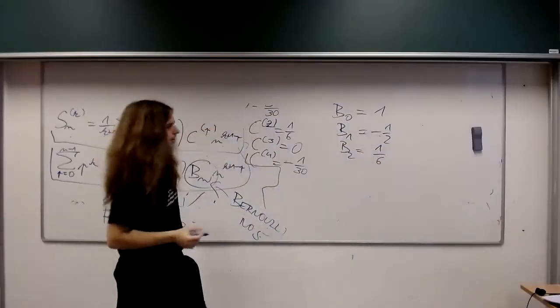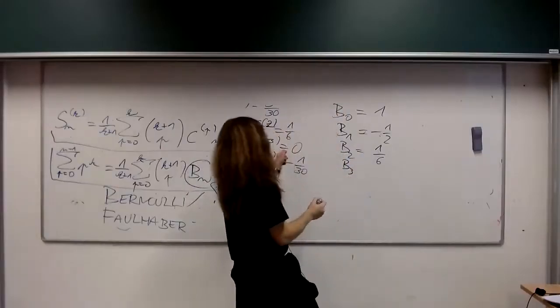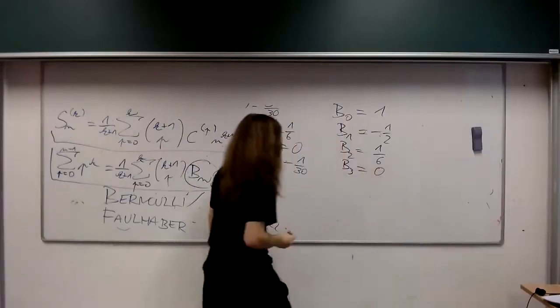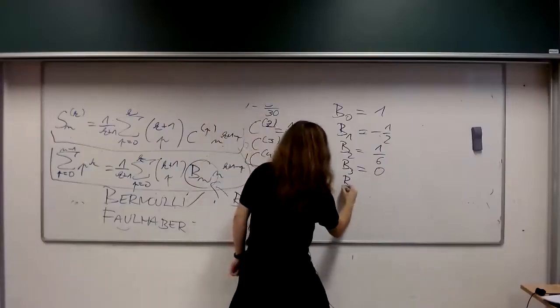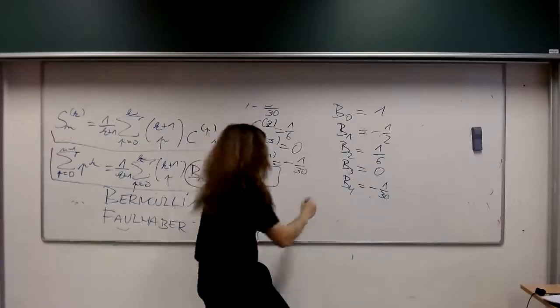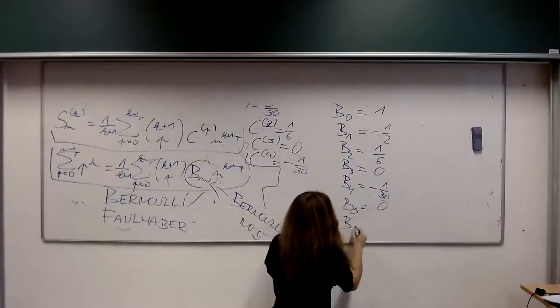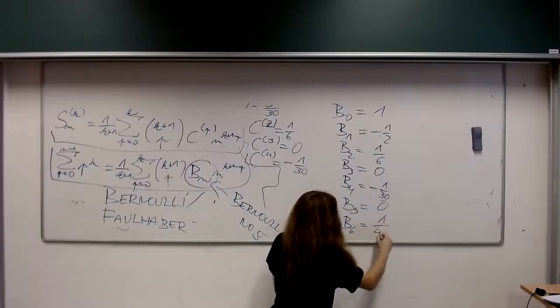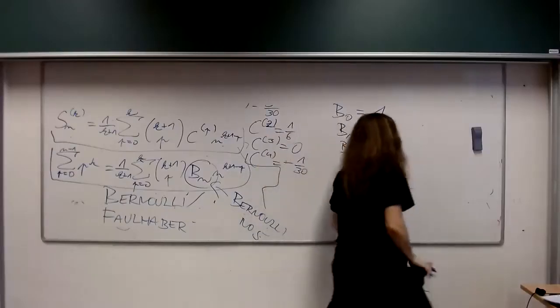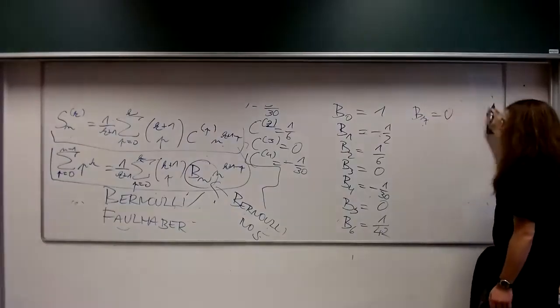B3 is still the same thing as C3, which is a 0. B4 is minus 1/30. B5 is a 0. B6 is plus 1/42. B7 is a 0.